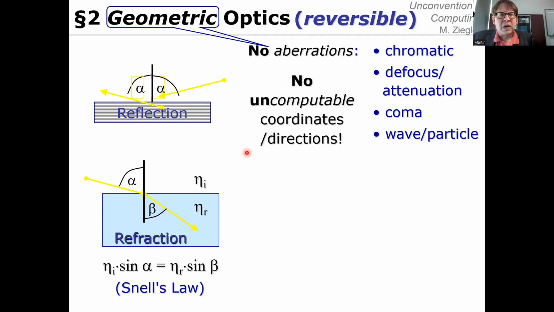Reverting the direction of the light ray results in the reverted behavior. Same for refraction. If we have a light ray that leaves the optical device, the block of glass, at an angle B, then it leaves the object at angle alpha, again satisfying Snell's laws.